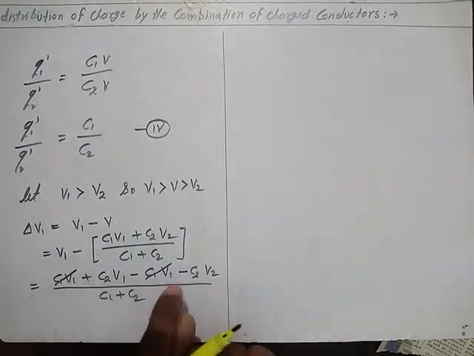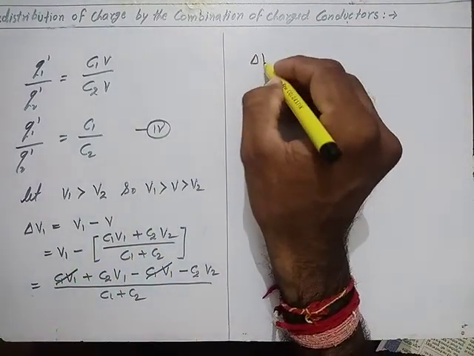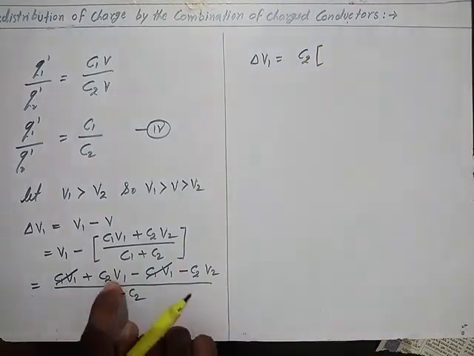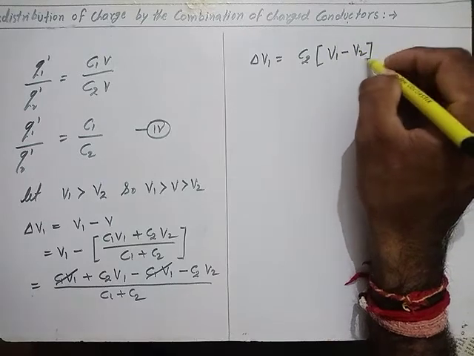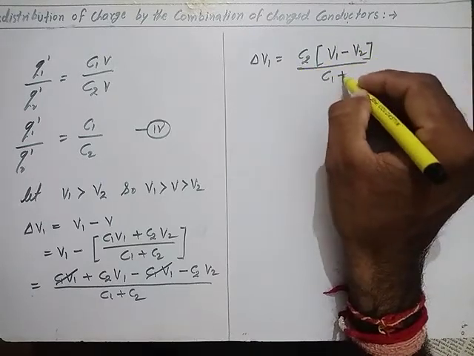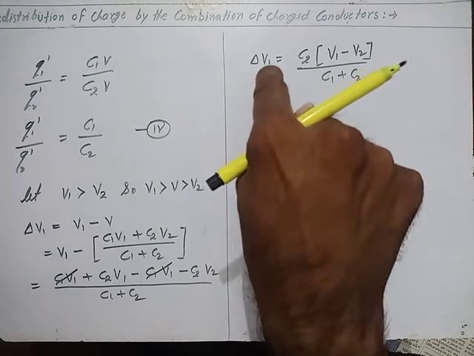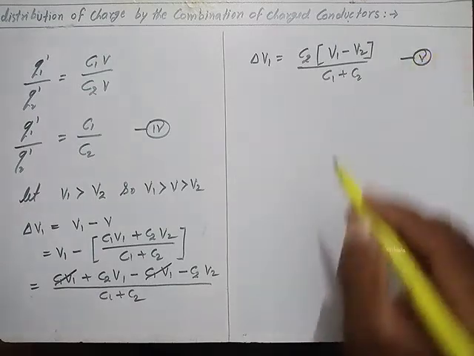C2 is common here, so it can be written as delta V1 is equal to C2 times V1 minus V2 divided by C1 plus C2. It is the change in potential of conductor A. It can be named equation 5.